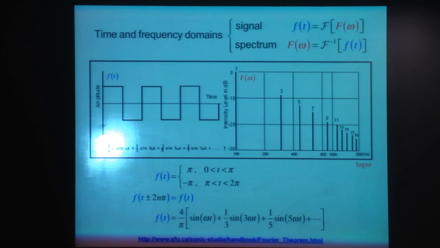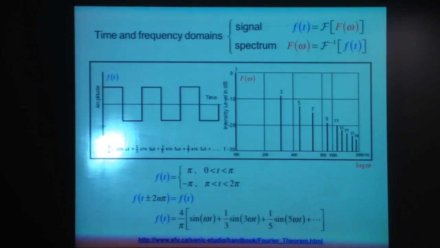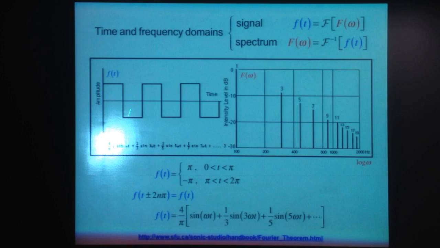If we're looking at this square wave function, or top hat function, along this time axis, we too are talking about time and frequency for the moment. This is a simple function where the length from here to here is pi, and that height is also pi.